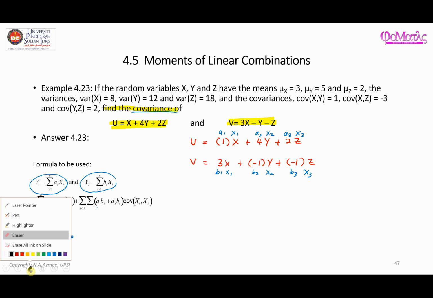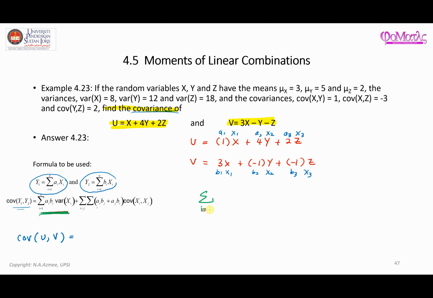We're going to start off by focusing on the first part of getting our covariance. So let's start with finding this one right here. According to the formula, we have the sum over i from 1 until 3. Here our n is equal to 3 because we only have 3 random variables.